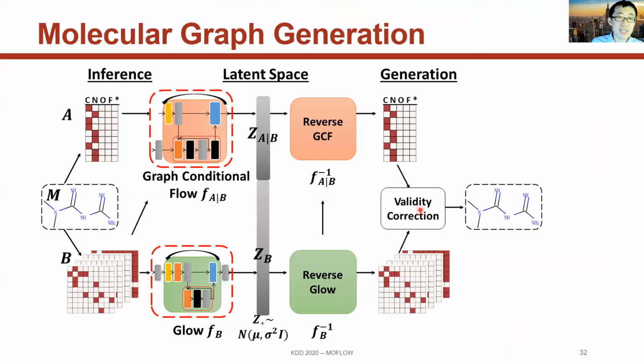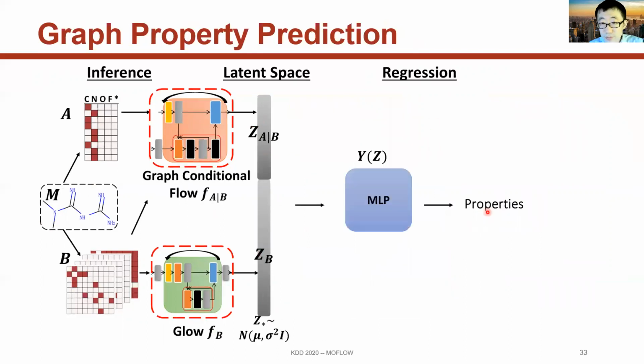All right, that was some math details. Again, let me show the overall structure, the framework of our model. Our MoFlow can embed, infer, or encode discrete graph structures into a continuous latent space. And generation is just sampling from this latent space and using its reverse transformation to generate the molecular graphs.